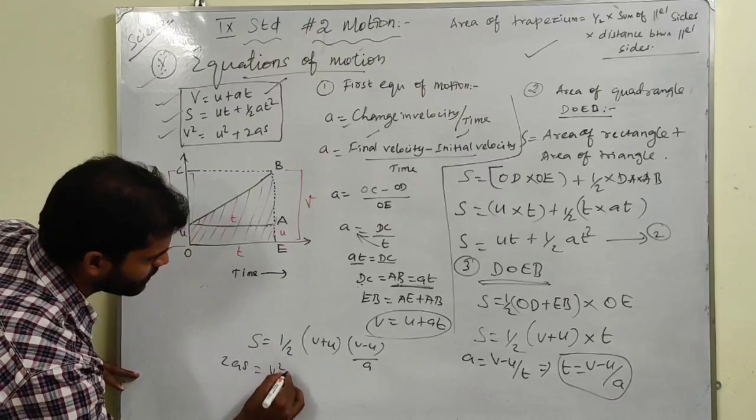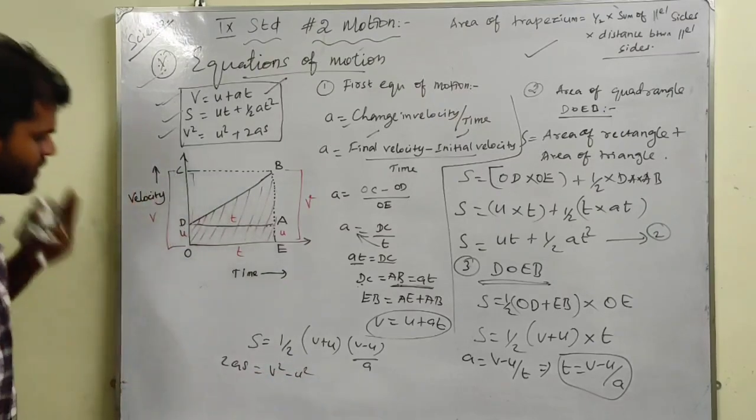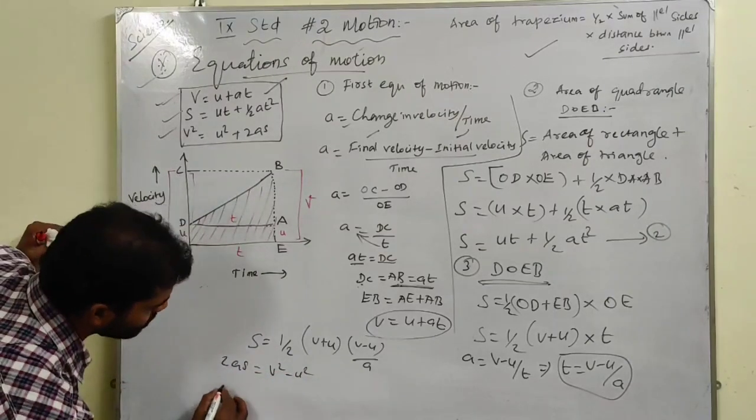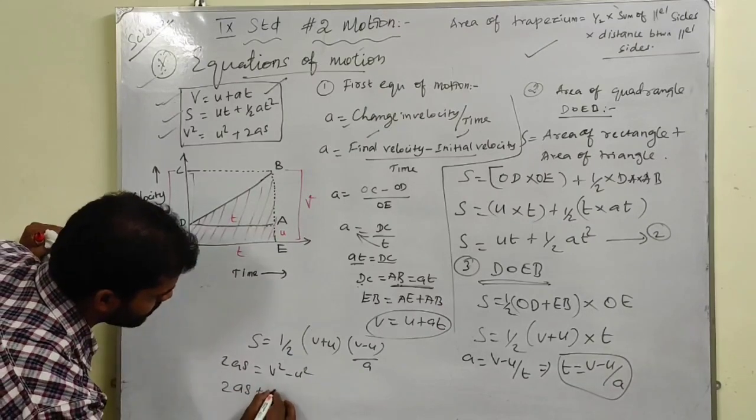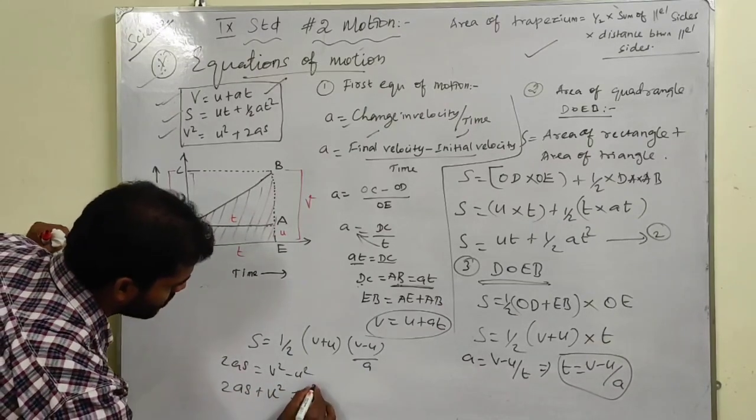So V square minus U square. So take U square to this side: 2AS plus U square is equal to V square.